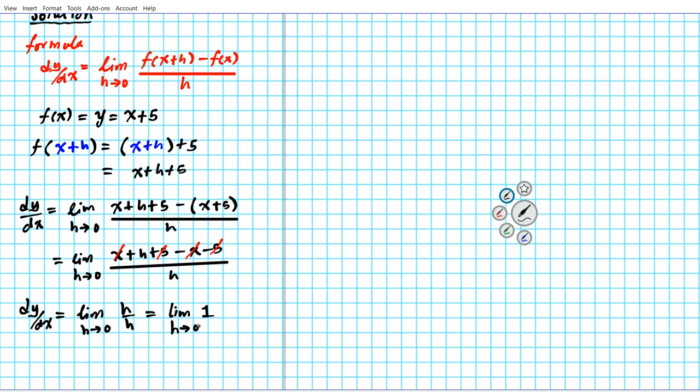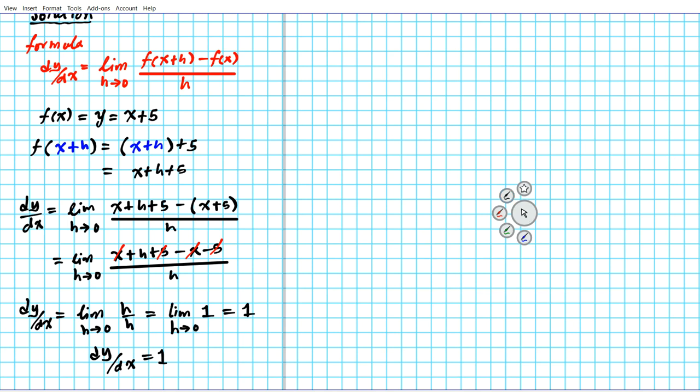What h is approaching in this polynomial function is a constant. So regardless of what h does, the limit is always going to be 1. Okay, so our final answer is 1. So the derivative of y with respect to x is 1.